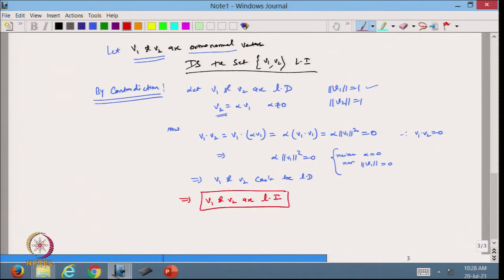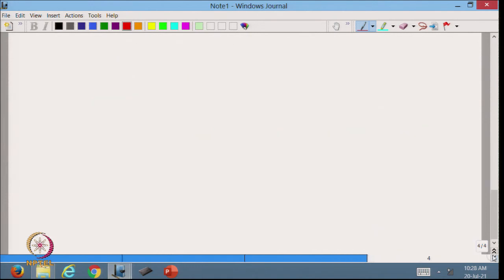It means if I take two vectors which are orthonormal, then definitely they will be linearly independent of each other. So, this is a very important result of linear independence.